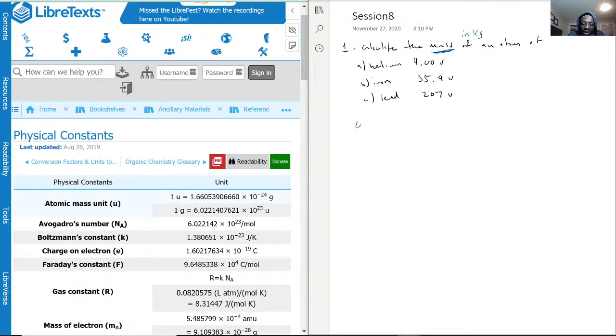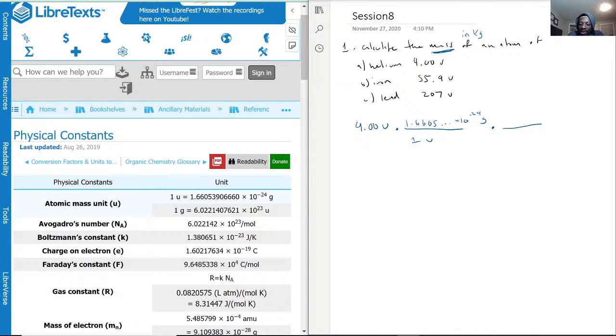We have 4.00 units for helium. To find the mass in grams first, we would say 1 unit equals 1.6605 times 10 to the negative 24 grams.